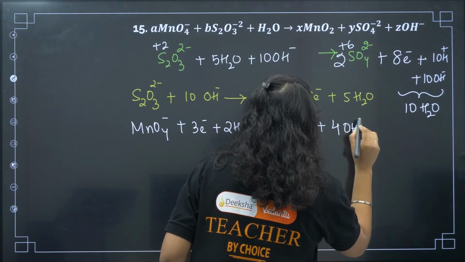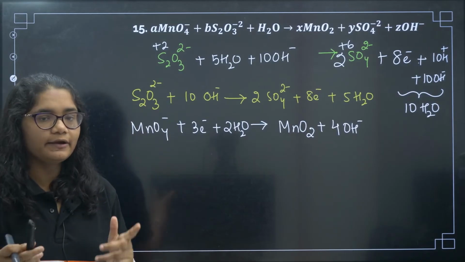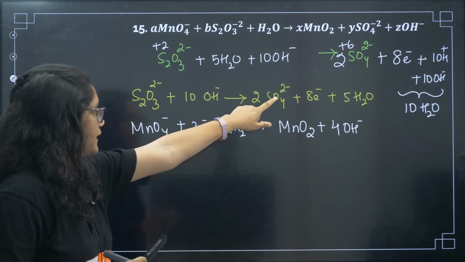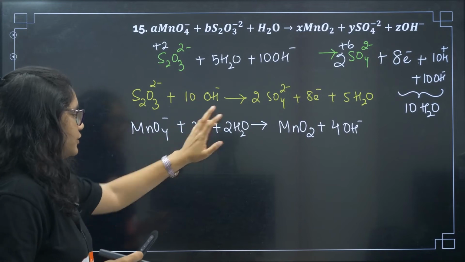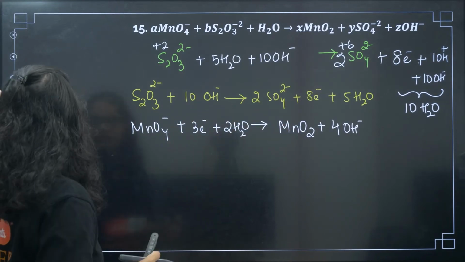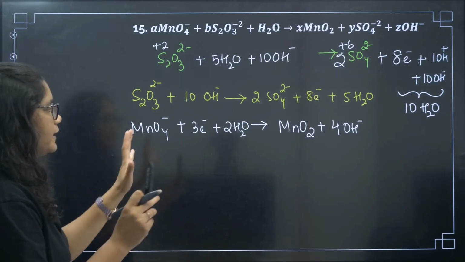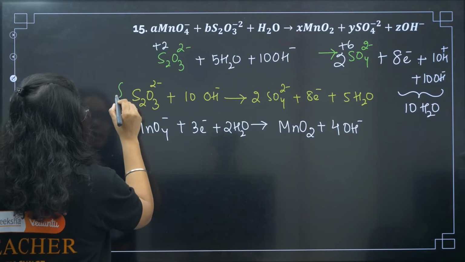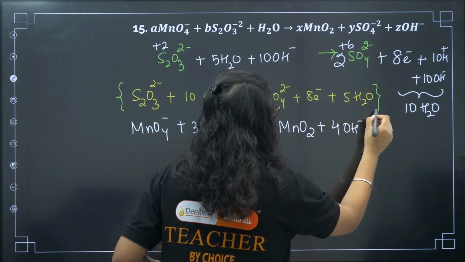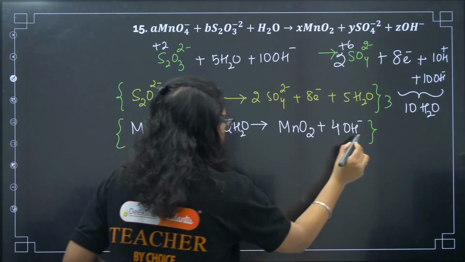Okay. Now if you see, the number of electrons lost and gained should be the same, right? Here 8 electrons are lost, and here 3 electrons are gained. That is not correct. So we need to make the number of electrons the same. For that, I'll multiply this equation by 3 and I'll multiply this equation by 8.